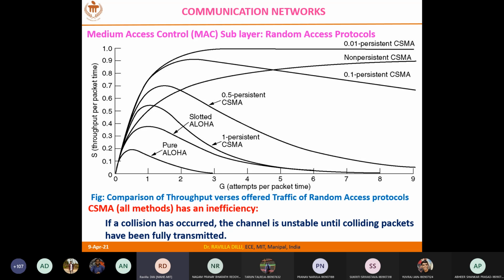When you decrease further to 0.01, you are getting the highest throughput. And P equal to 0, which is non-persistent, falls in between the 0.1 and 0.01 persistent strategies. So this is the throughput performance of the different Alohas as well as CSMA with different strategies.